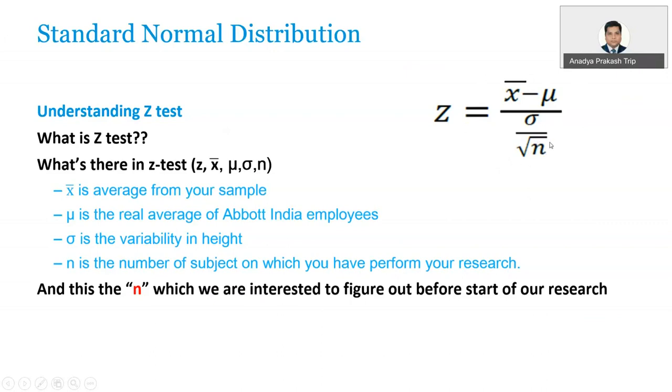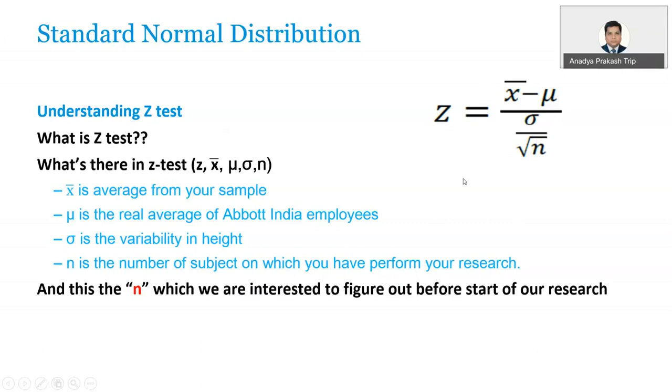So if I get this n out of this equation, I can derive the sample size. This is the whole funda. So what I have to do is find out which statistics I am going to use for my sample size calculation, and what is the formula for that statistics.